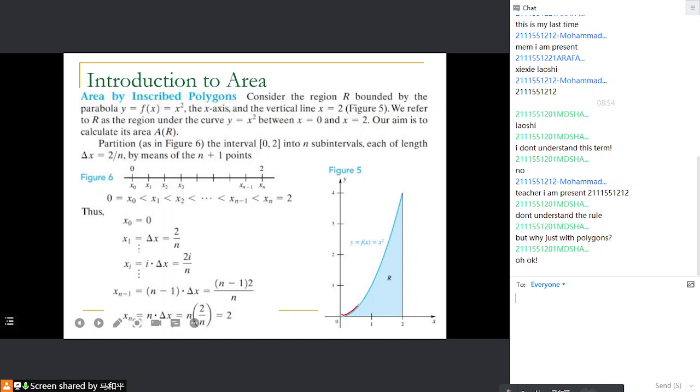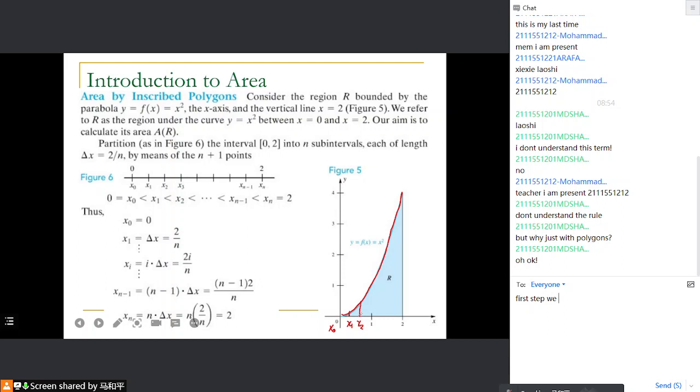This y is x square. You can also use polygons. And we partition [0, 2] into n subintervals. x0 is 0. This is x1, x2, and we get a rectangle.